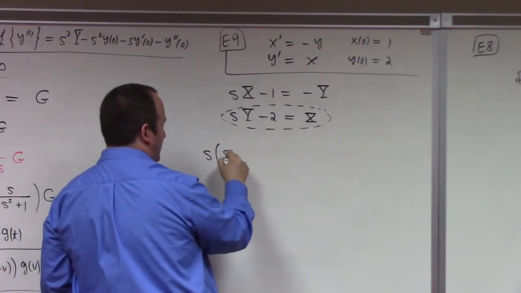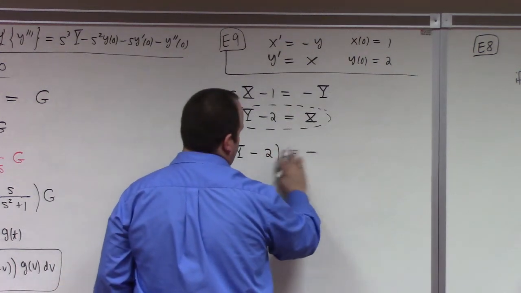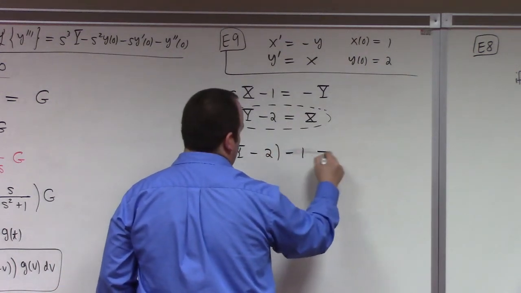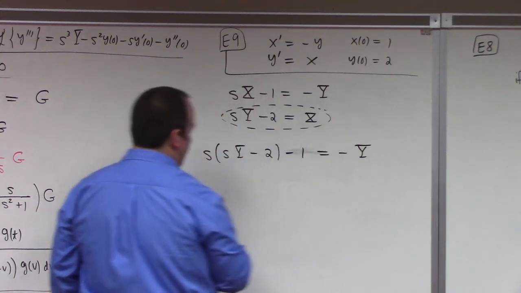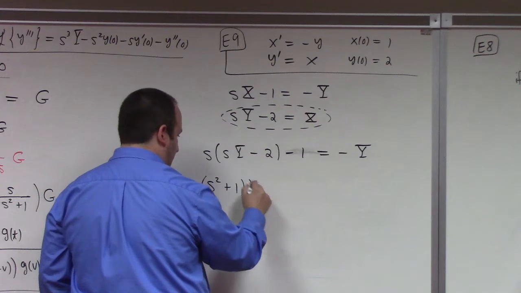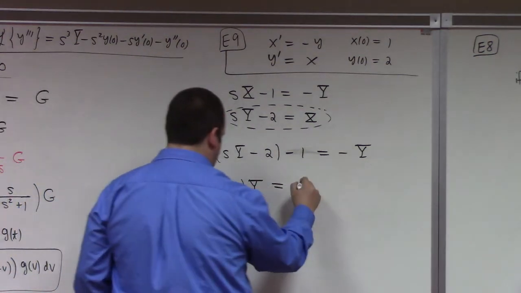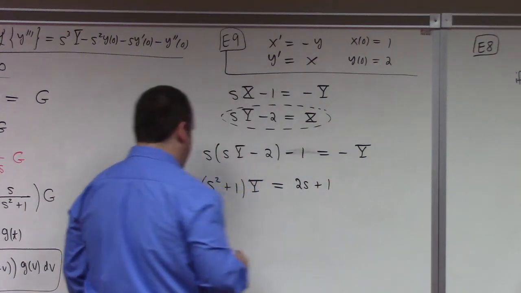So that's s times (s big Y minus 2) minus 1 equals minus big Y. So we get s squared plus 1 times big Y equals 2s plus 1.